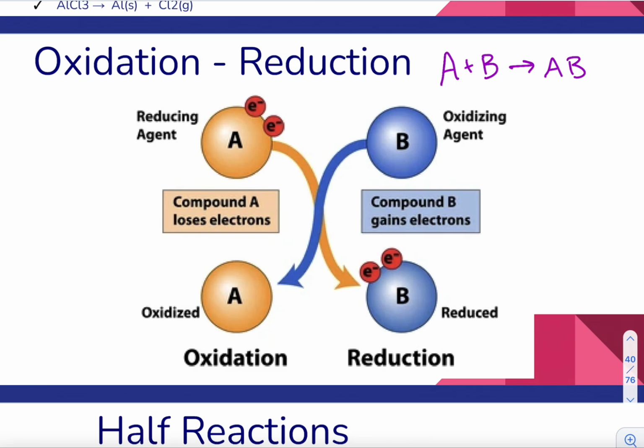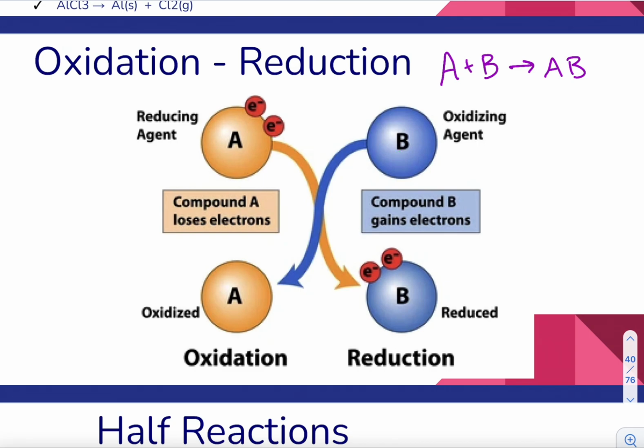So we're also throwing out two new terms, reducing agent and oxidizing agent. Whatever substance is oxidized is also known as the reducing agent, because agent just means it kind of facilitates something. So if it's the reducing agent, it is allowing B to be reduced.